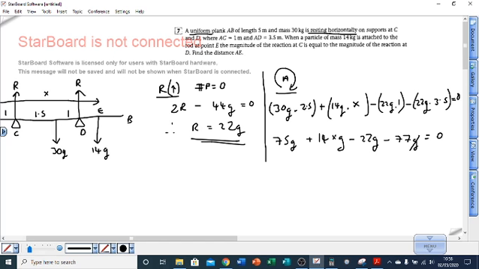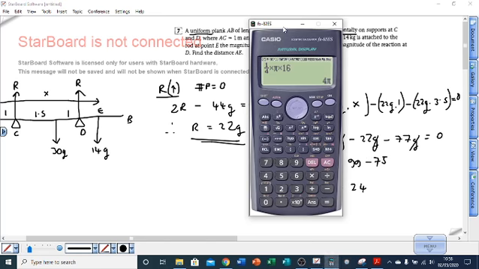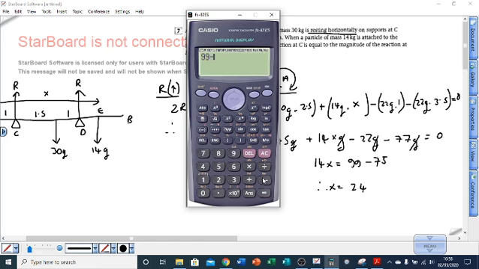Now I'm going to divide through by g to get rid of all of these and rearrange it to give you 14X is simply equal to 22 add 77 is 99. So I've got 99 when it goes over, take away the 75. Therefore, X is simply equal to... oh, it's too early in the morning for me to think. 99, take away 75.